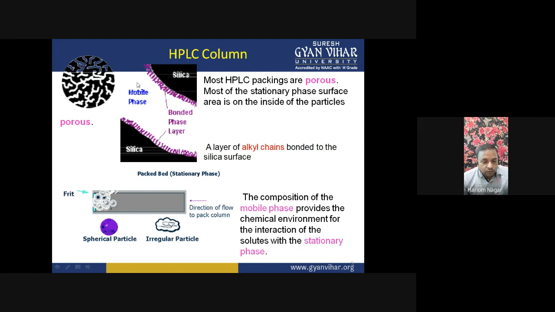Okay, these are the functional groups or the structure of the bonded stationary phase. Okay, and the mobile phase will move between these bonded stationary phases, and with the mobile phase our compounds will move.